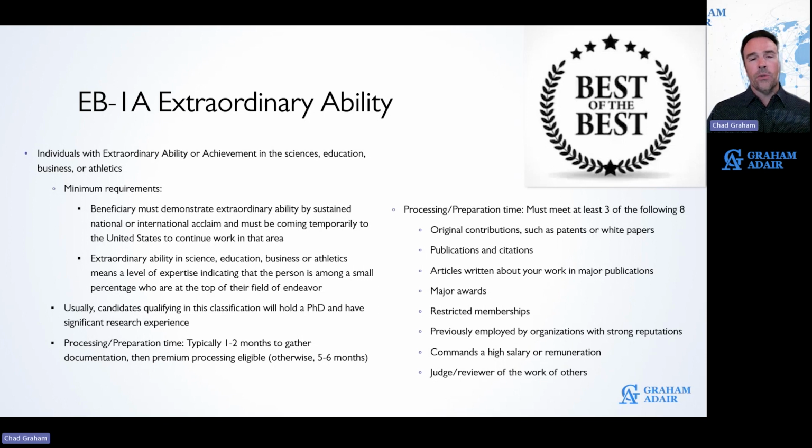And the priority dates, as you'll remember from the visa bulletin, for the first preference category are much better than priority dates within the second or third preference category. So I won't spend a lot of time on this because we already covered this with O1, but it's essentially the same sort of thing.